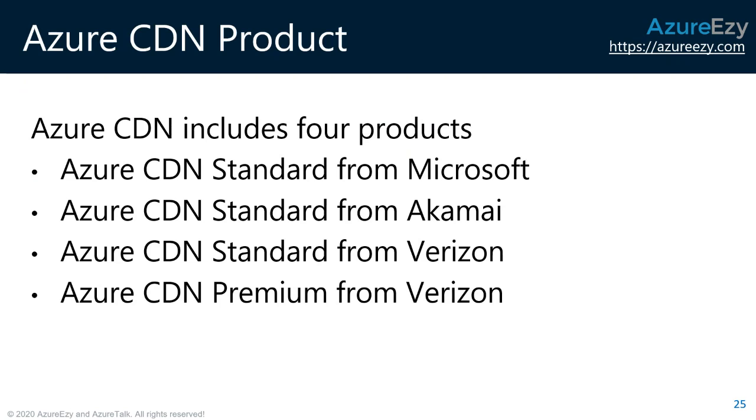So you can go to the Azure portal, and different products provide different benefits and features. Based on your business need, the pricing and cost that your organization approves, you can choose the respective one for your organization.